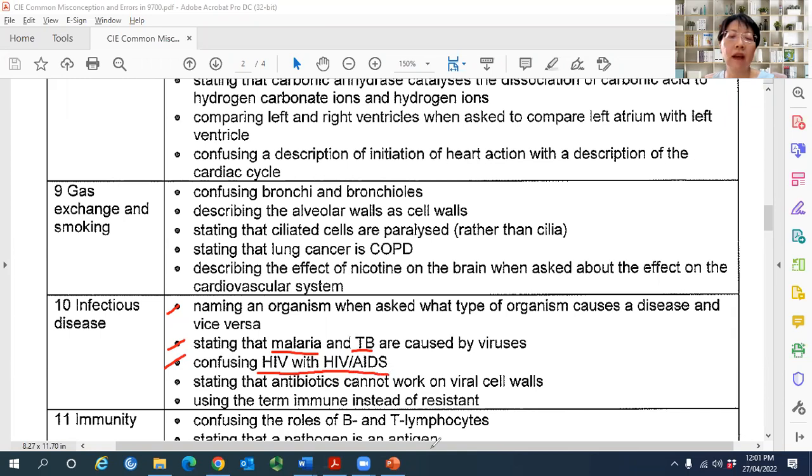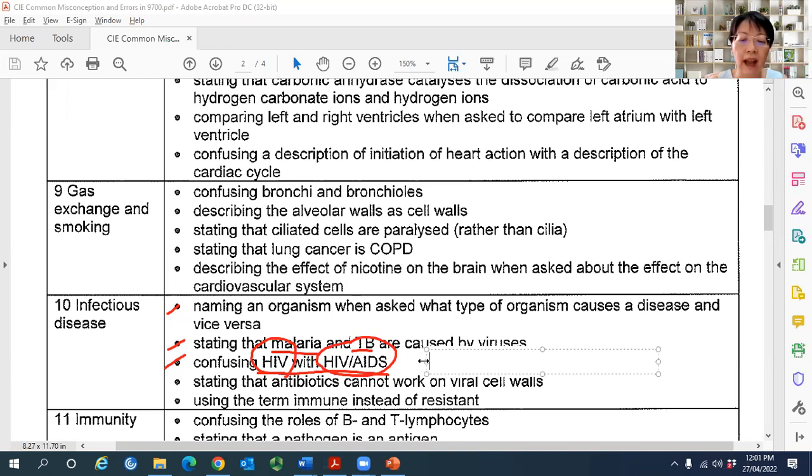HIV refers to the virus, the organism that eventually will lead to the illness. The illness after HIV infection will eventually develop into HIV/AIDS. AIDS is a collection of opportunistic diseases because of HIV.